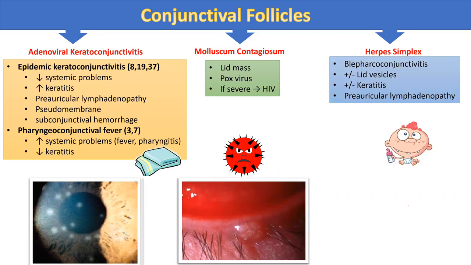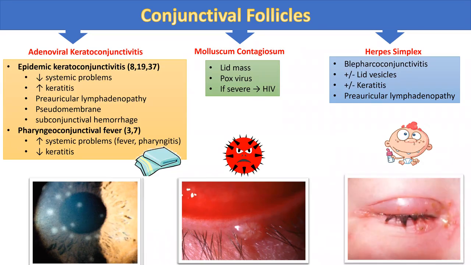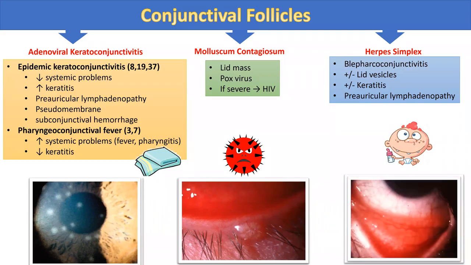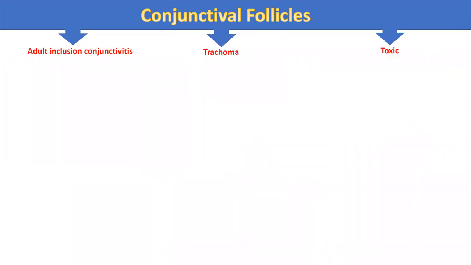Herpes simplex is a disease of childhood, as it is a primary herpes infection causing blepharoconjunctivitis with or without lid vesicles, with or without keratitis, and associated with preauricular lymphadenopathy. You can see this is the blepharoconjunctivitis, and it can also be associated with follicular conjunctivitis.